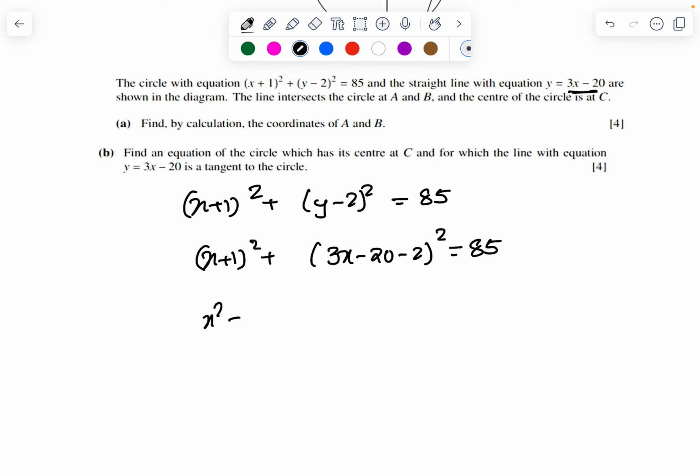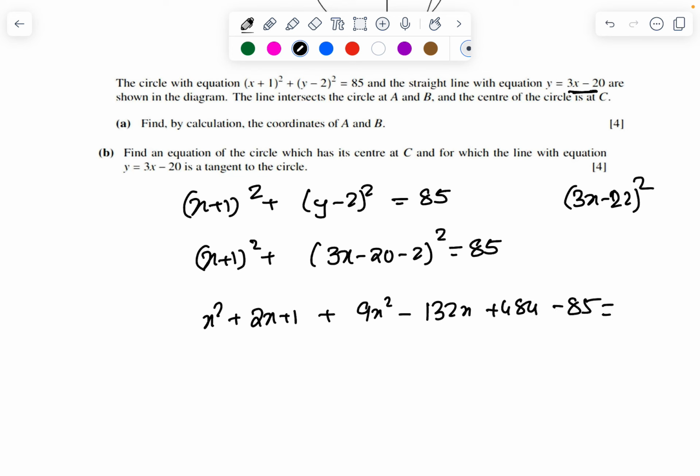So this becomes x square plus 2x plus 1 plus 9x square, minus, this one was 3x minus 22 whole square, minus 6 times 22 is 132x. Then 22 square is nothing but what? 484. Plus 484 minus 85 equals 0.